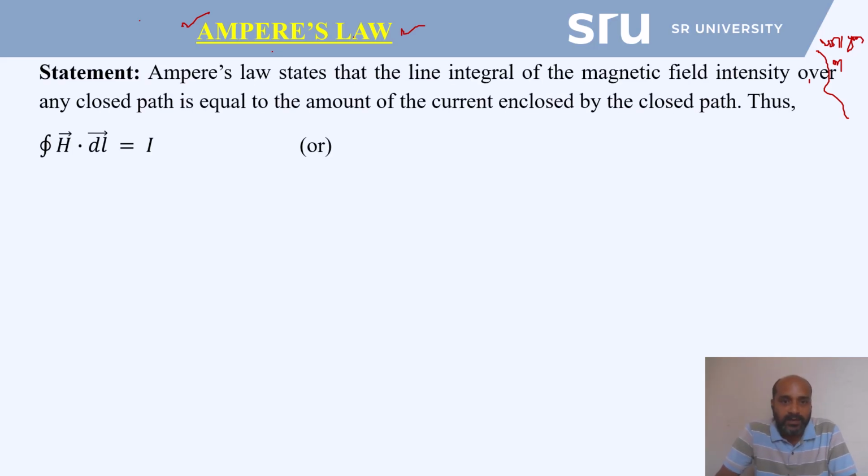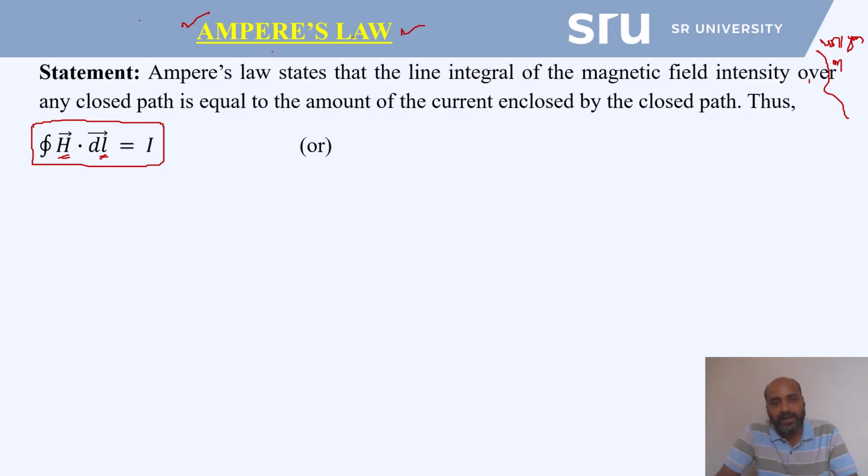But this statement can be defined in two ways, either in terms of H, the magnetic field intensity, or in terms of magnetic flux density. We'll see both. Just to explain this integral, that will give the definition of our statement of Ampere's law. This is a closed line, so this is a line integral.